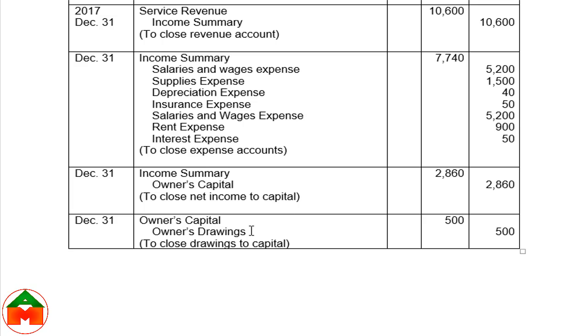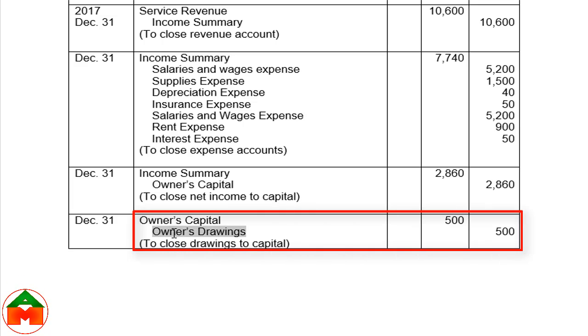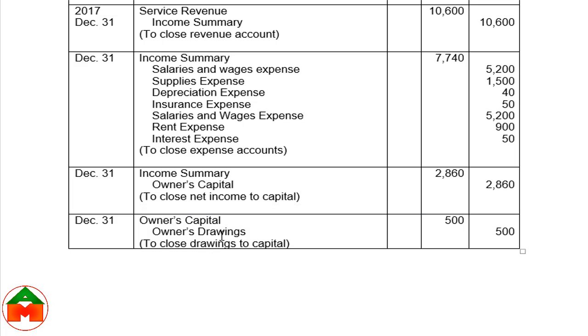And we have to close another temporary account, and that is owner's drawings. Dear audience, generally we know that drawings is debit, but to produce a zero balance, we will place it on the credit side. To close this drawings account, we close it with the owner's capital account.